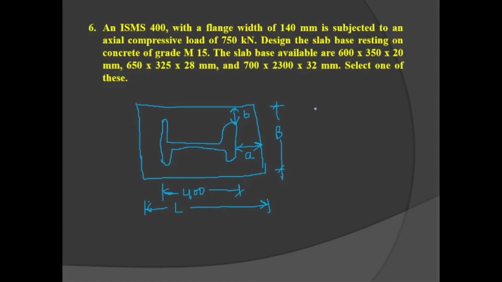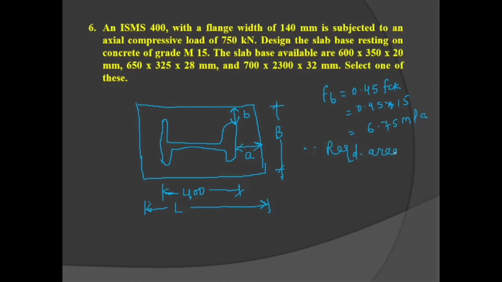Design the slab base resting on concrete grade M15. M15 means the bearing stress is 0.45 fck, so 0.45 into 15 megapascal. So the value is 6.75 megapascal.